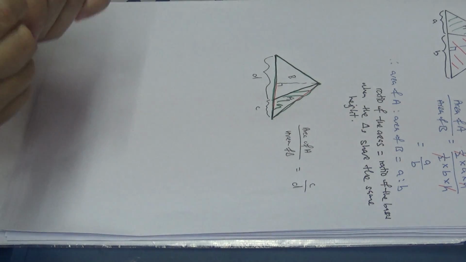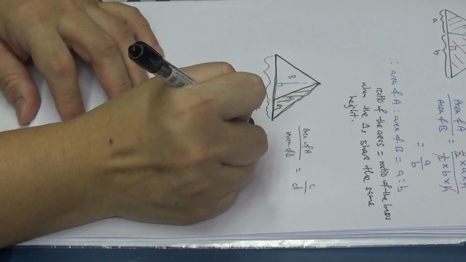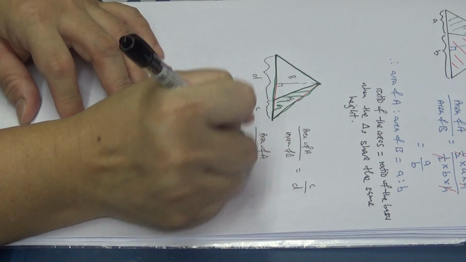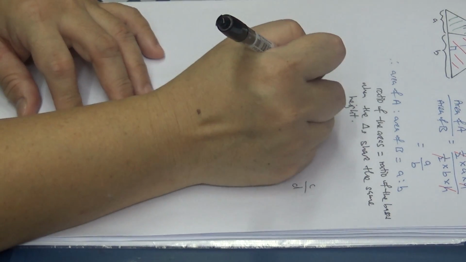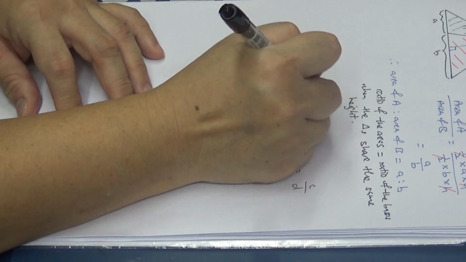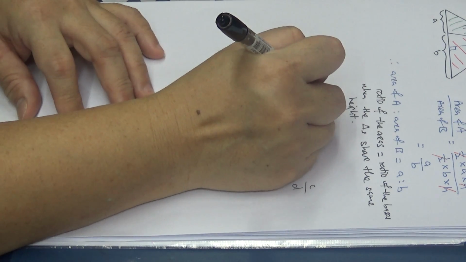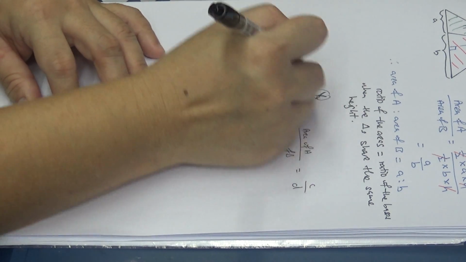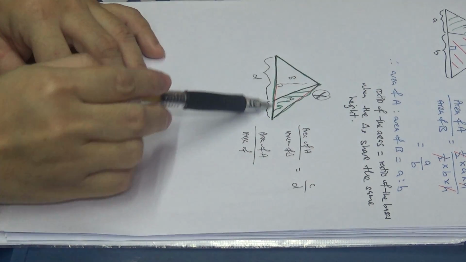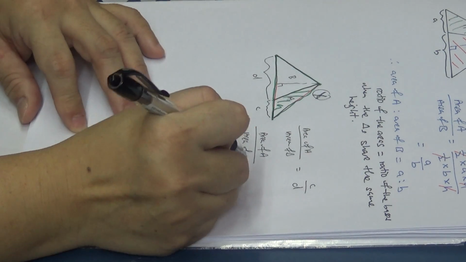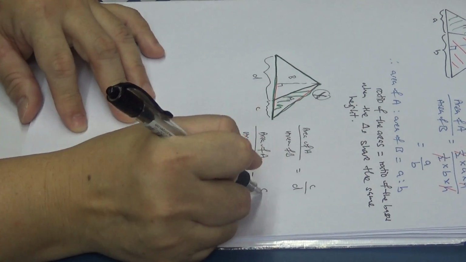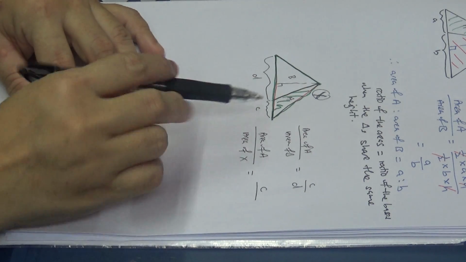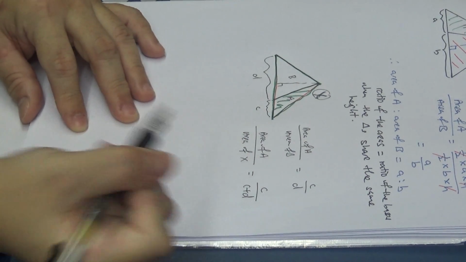So I will have area of A over the area of this big triangle, let's call it triangle X. Area of A has base C, and the area of the whole thing has base C plus D.